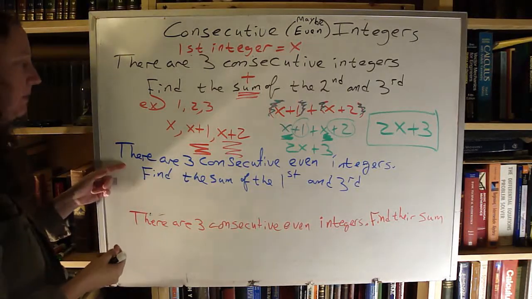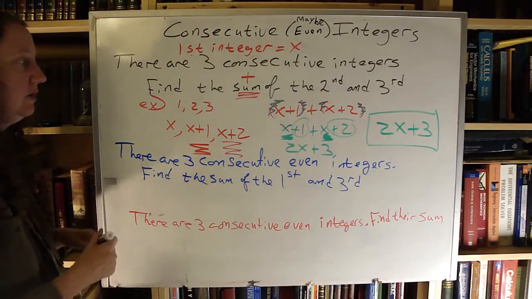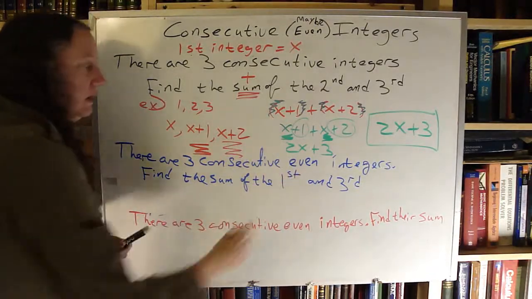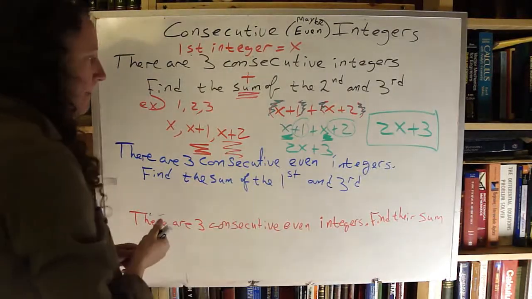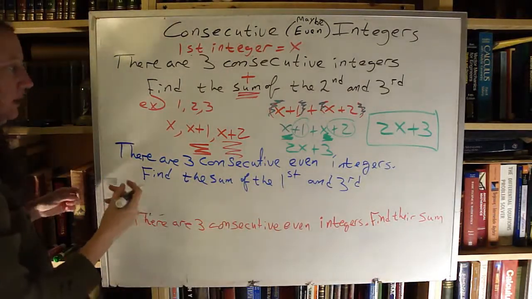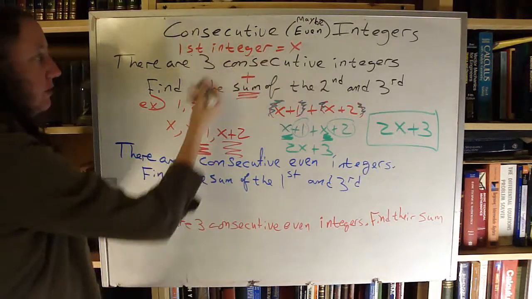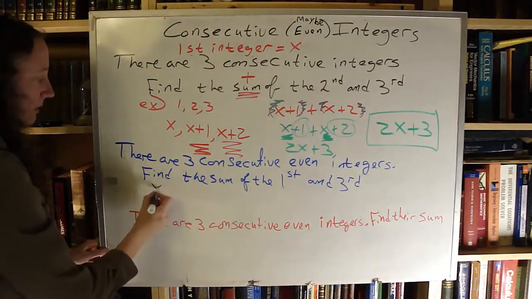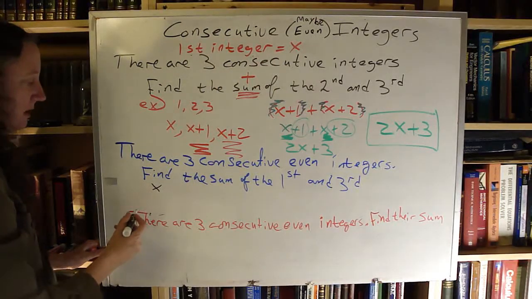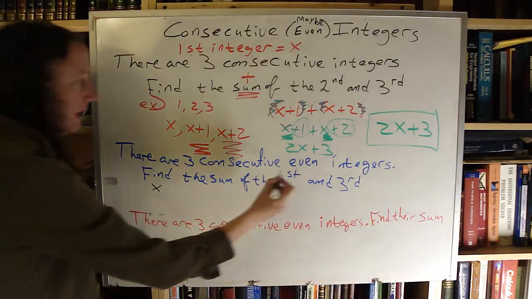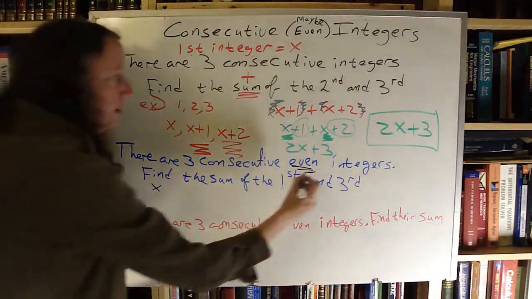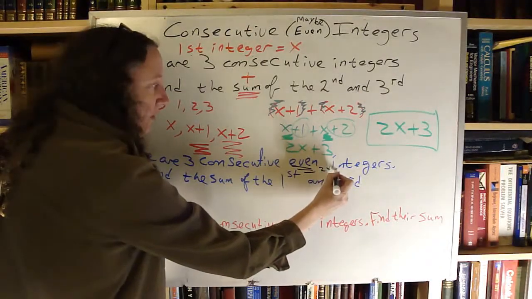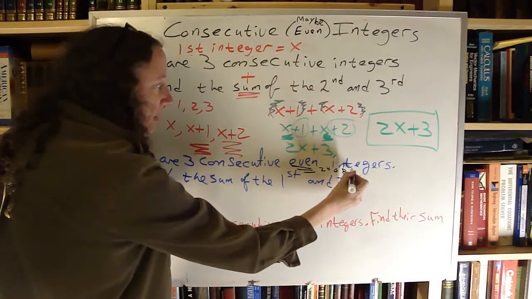The next example. There are 3 consecutive even integers. Find the sum of the first and the third. So again, I'm going to make my first integer x. So if I have even numbers, that means that they need to end with 2, 4, 6, 8, and 0.